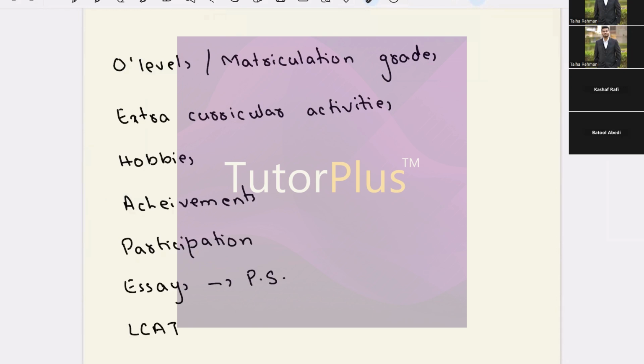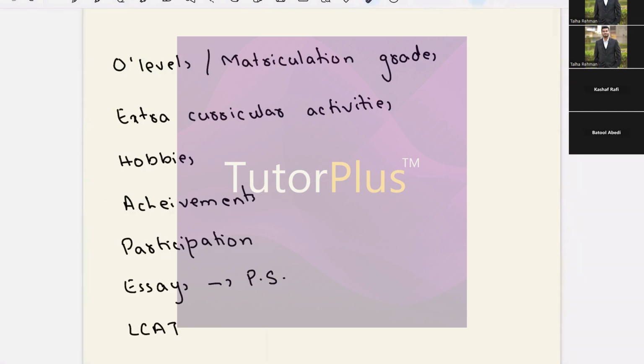Please remember for LUMS, there have been people who did not hear back from LUMS even after having a 1500 on the SAT. And there are people who do get in with a score of 1300. So LUMS has a very holistic, very comprehensive criteria. Unlike IBA, they're not simply looking at your SAT score.